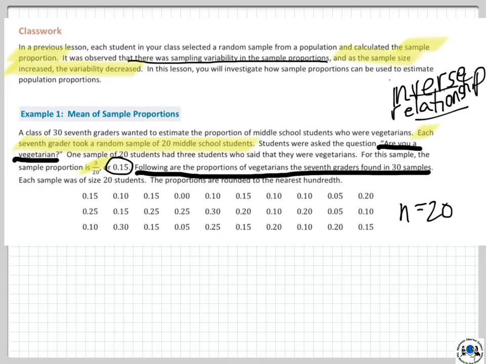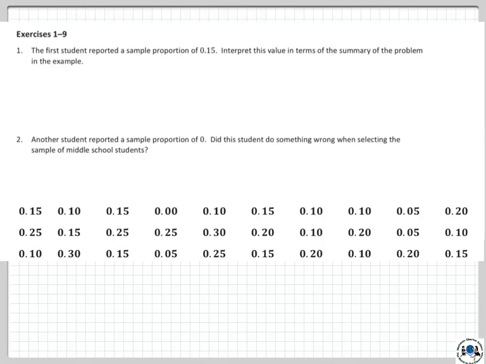The proportions are rounded to the nearest hundredth. The first student reported a sample proportion of 0.15, and that is right here in the table of their 30 samples.